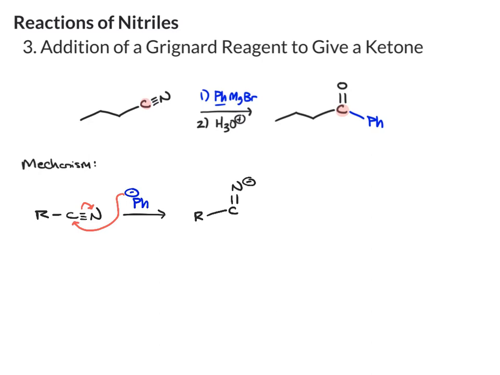Get N minus, the phenyl added. Now in this case, the Grignard reagent does not add twice like the hydride. So we stop here. And then when you add acid and water, the acid will protonate the nitrogen.